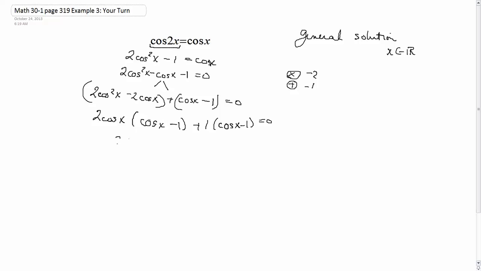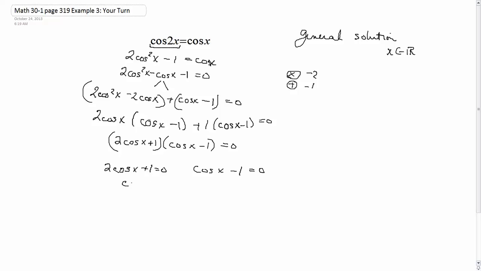Complete our factoring with 2 cos x plus 1 times cos x minus 1 is equal to 0. Now we set each one of our factors equal to 0, so we have 2 cos x plus 1 is equal to 0, and cos x minus 1 is equal to 0.